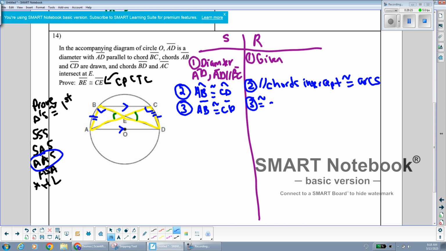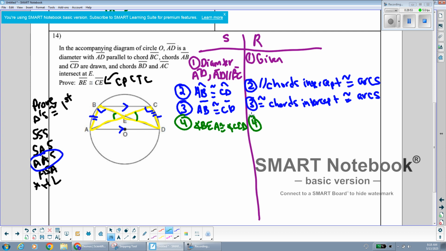Congruent chords intercept congruent arcs. Okay, now I'm going to put in the vertical angles. Angle BEA is congruent to angle CED. Technically, it is not correct to write that vertical angles are always congruent, because then you would need a step stating how you know that you have vertical angles.